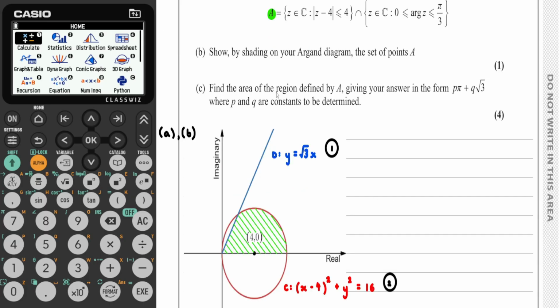Part C. Find the area of the region defined by A, giving your answer in the form p pi plus q root 3, where p and q are constants to be determined. To find out this area, we need to recognize the following.